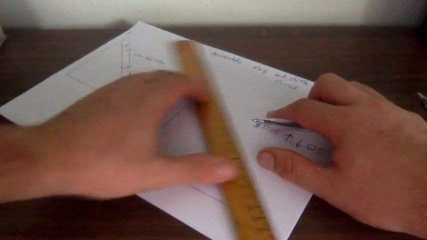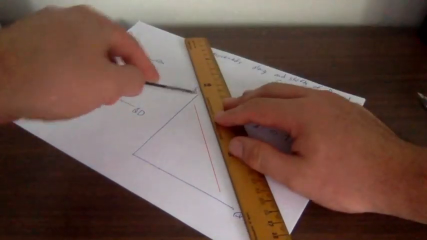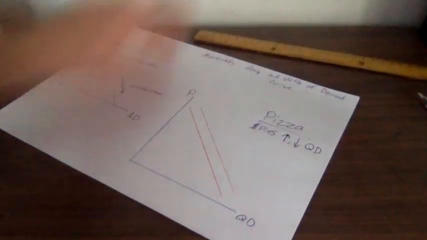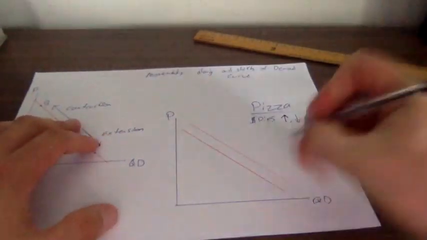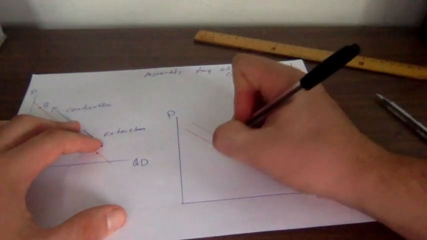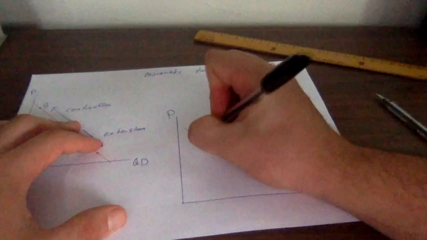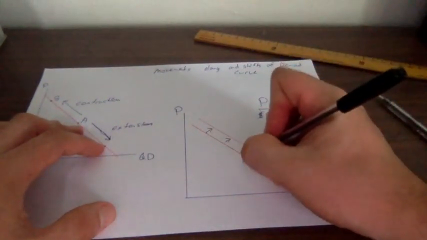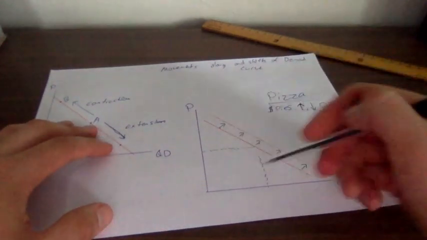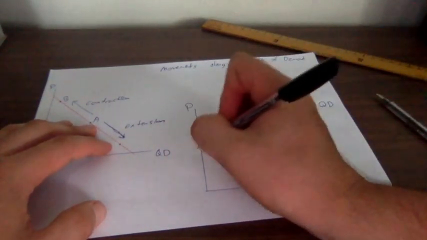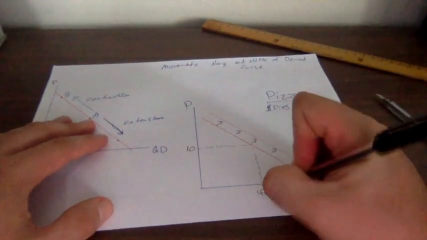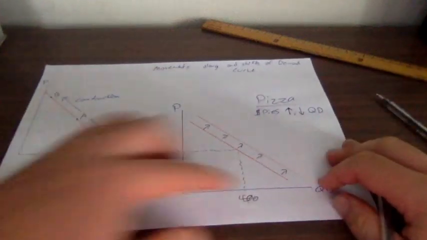Basically, it's going to shift our demand curve. So they don't care now, they're happy to go out this way. Say this is where we were, so our price was here, say $10, and quantity demanded about 400.